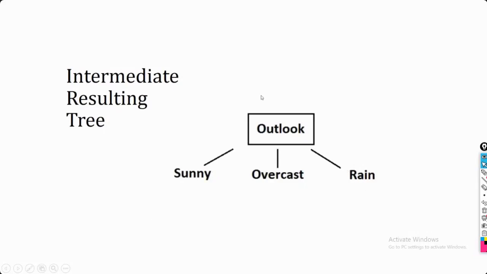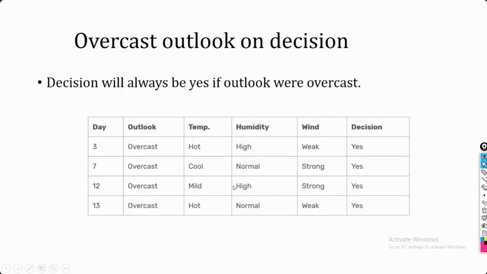Suppose I started with 14, so all 14 were present here, but when I have selected one attribute, based upon that attribute value combination, this 14 is going to be divided into all these branches. Let's see how it is happening. We were having 14 instances in total.